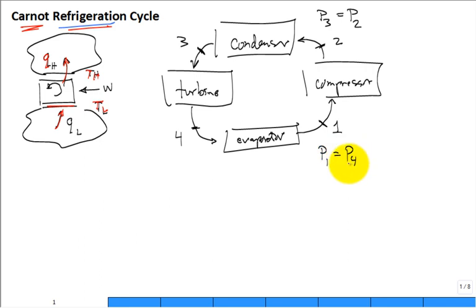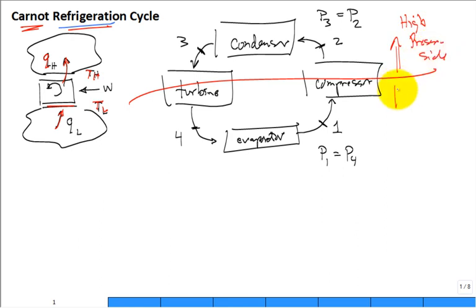But which pressure is higher? Well, look at the way the flow goes through the compressor and know what the compressor does. The compressor boosts the pressure. So a lot of times they'll split the refrigeration and heat pump cycles, and they'll talk about the high pressure side and the low pressure side.